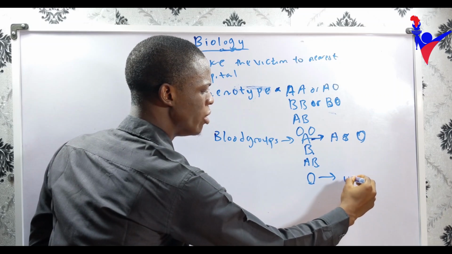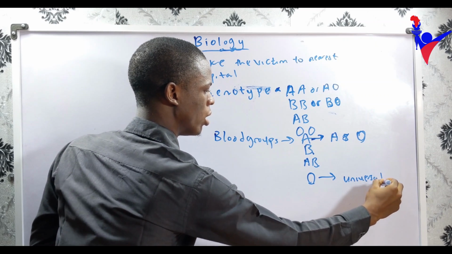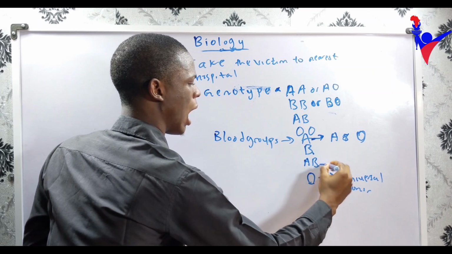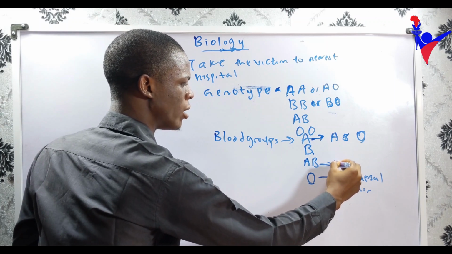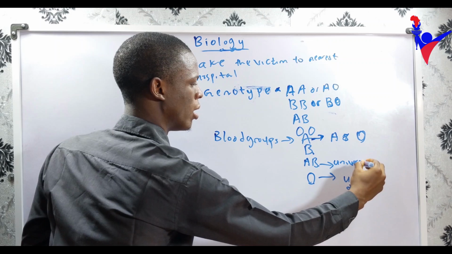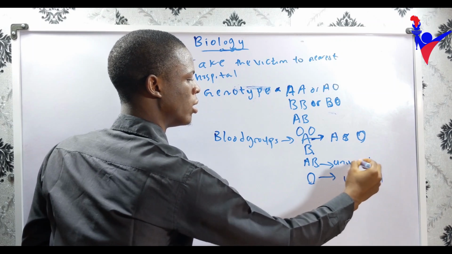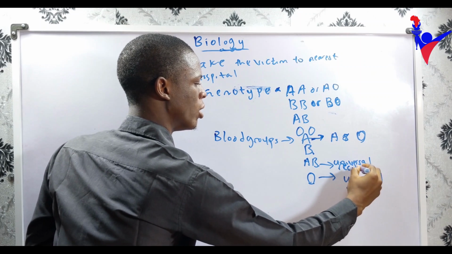Our O is a universal donor, and our AB, from your knowledge of biology, is a universal recipient.